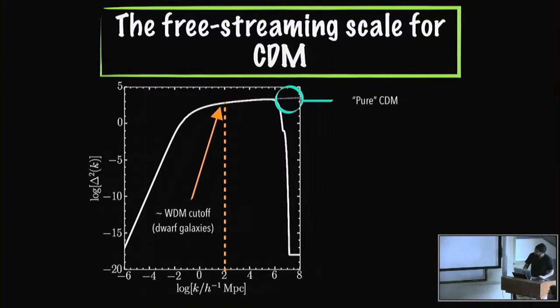But it turns out that even for cold dark matter, if you consider an interesting candidate such as the 100 GeV neutralino, there is such a cutoff as well, because there is a finite velocity dispersion. But the difference to warm dark matter is that this is really pushed down to very, very small scales. So the scale is not dwarf galaxies, but many orders of magnitude below, at the scale of halos that have the mass of the Earth. Okay?